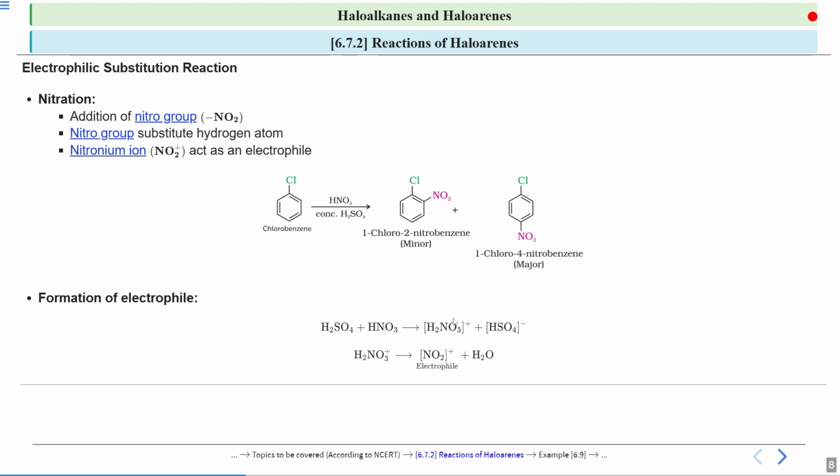The cation you get, H2NO3 positive, dissociates again into NO2 positive plus a water molecule, and you get your unstable electrophile that is going to attack on the more electron dense positions of the benzene ring and form the major and the minor products. This is how nitration happens in haloarenes, where the nitro group substitutes the hydrogen atom and forms the bond with the benzene ring, and here the electrophile is the nitronium ion, that is NO2 positive.